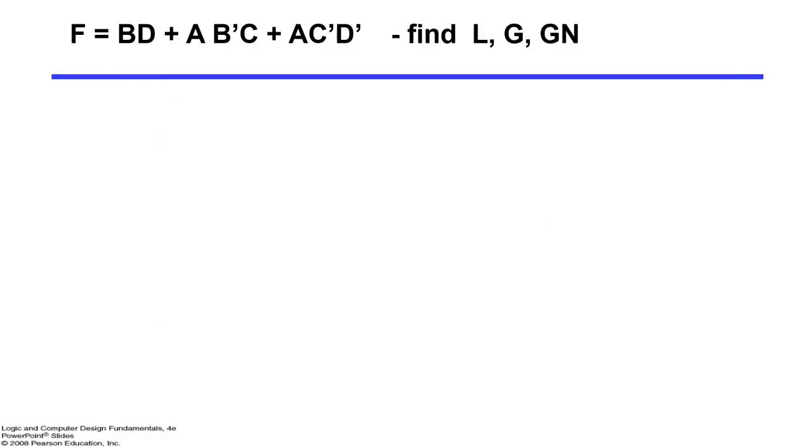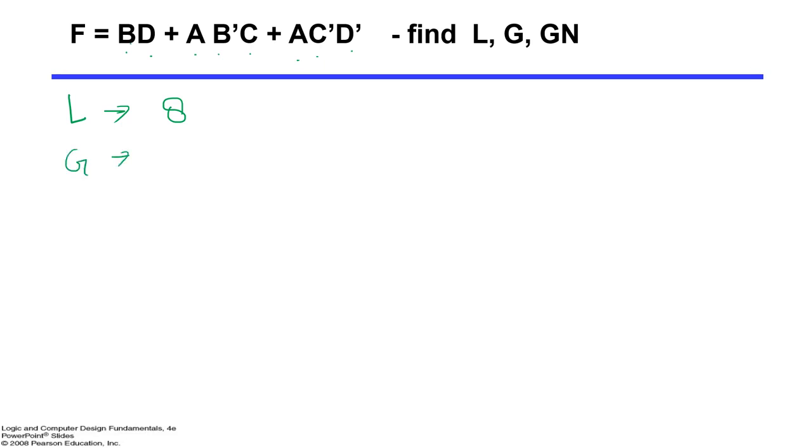So let's take this example. How many literals first of all? Yes, you can count 1, 2, 3, 4, 5, 6, 7, 8. So we have 8 literals. Now let me ask how many gate inputs there are.